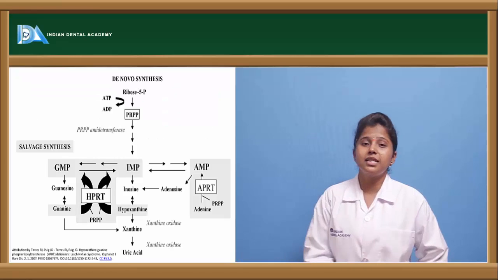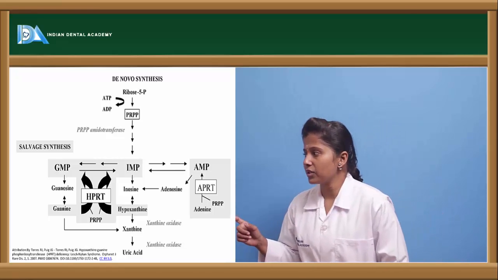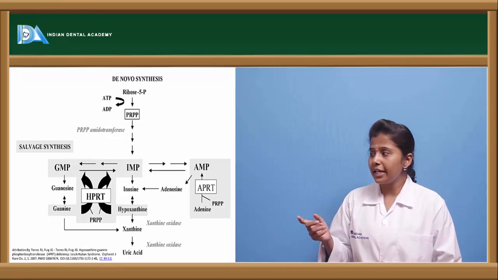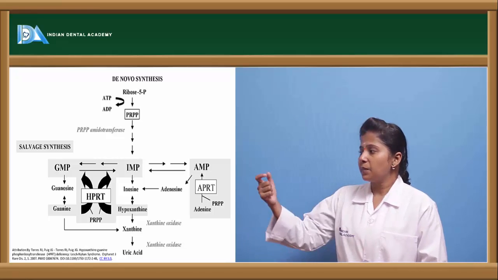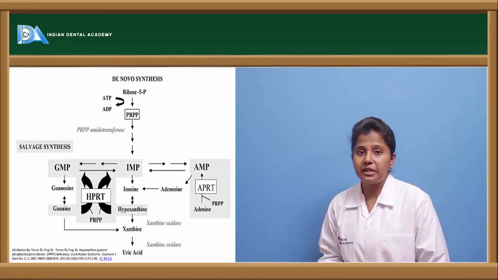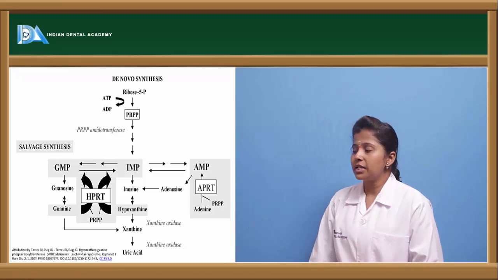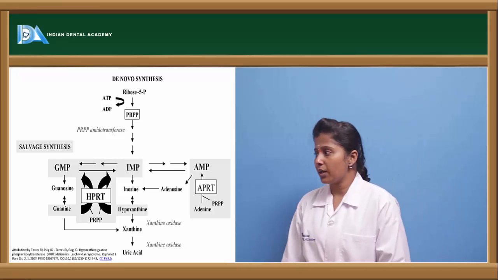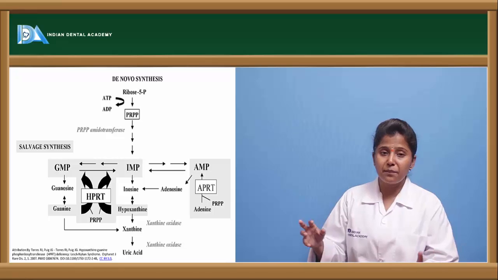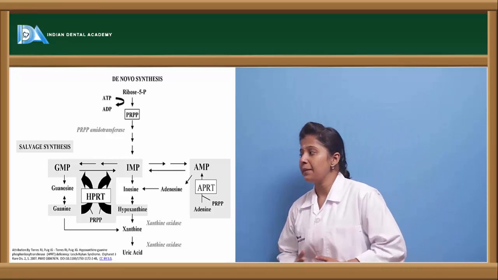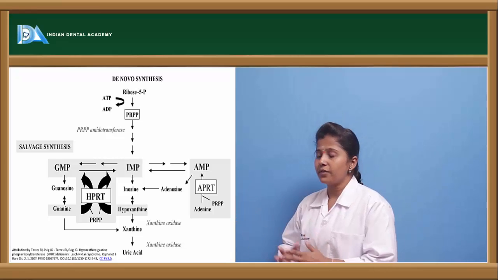Here this is the de novo synthesis. Ribose 5-phosphate utilizes ATP and forms PRPP, and this PRPP is converted into IMP, that is inosine monophosphate, with the help of an enzyme called PRPP amidotransferase. This IMP is converted to either GMP, that is guanine monophosphate, or AMP, that is adenosine monophosphate. Here they undergo different pathways.